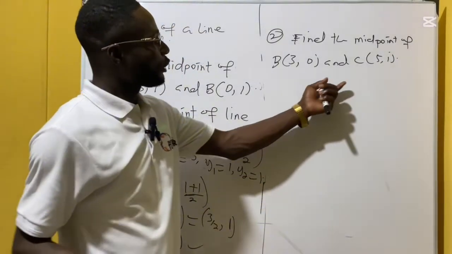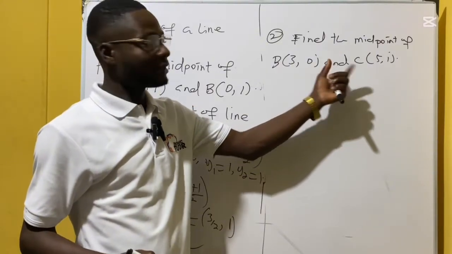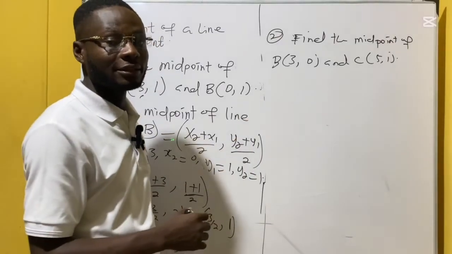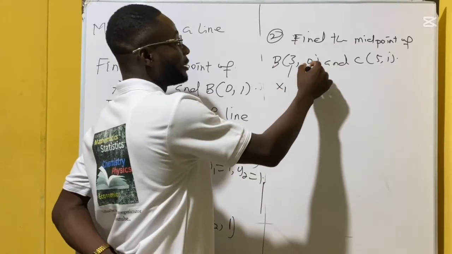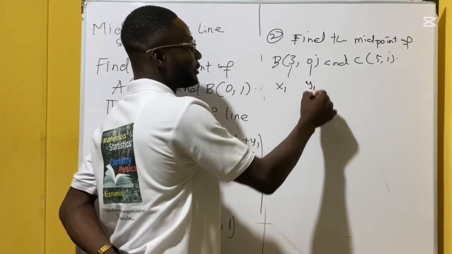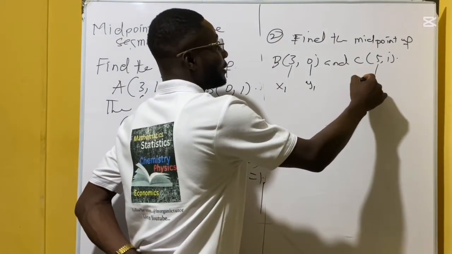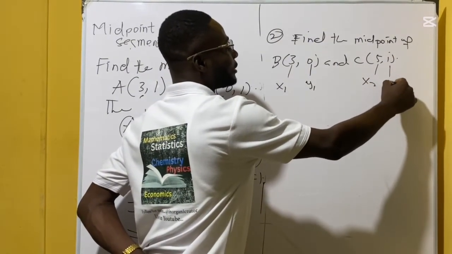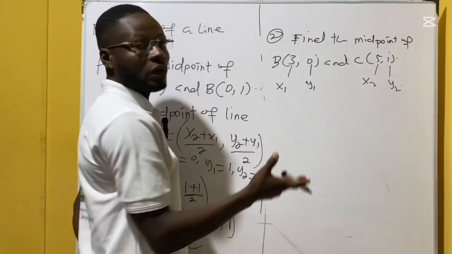Okay, so in finding the midpoint between these 2 points, what we need first is to identify the coordinates, right? So the x coordinate here is our x1, which is 3, the y coordinate here is y1, which is 0, the x coordinate here is x2, which is 5, and 1 here is the y2 coordinate, right? Now we know all this information.